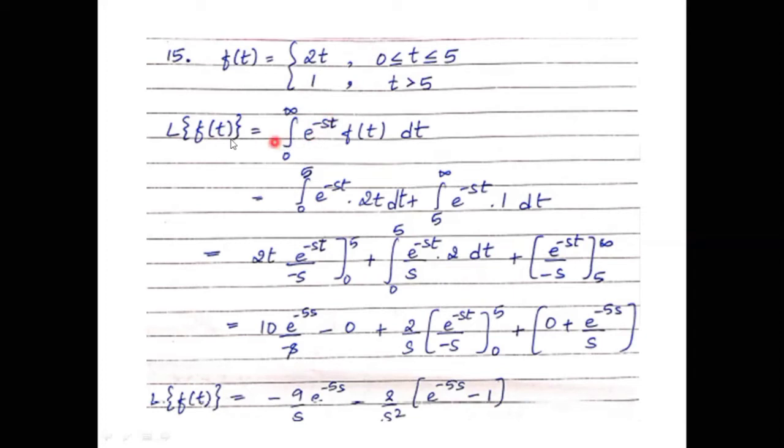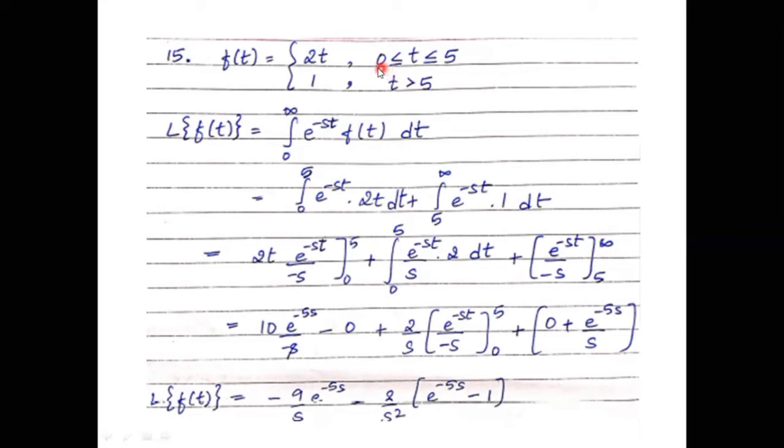Here, L of f of t, we know the definition of Laplace transform. L of f of t is equal to integral 0 to infinity e power minus st f of t dt. Here you have 0 to 5 as one interval, and in this interval f of t is 2t. I'm just splitting this interval according to what they have given.